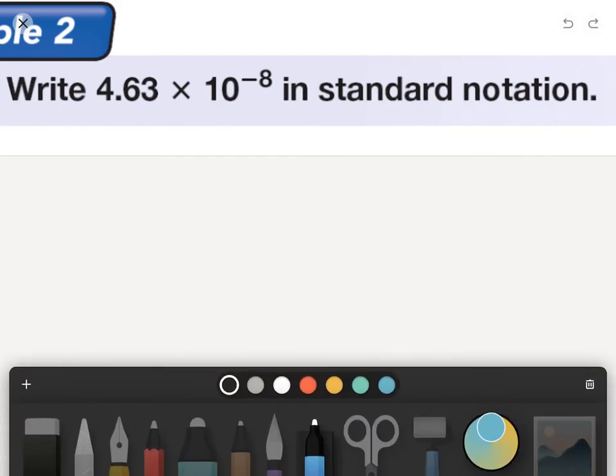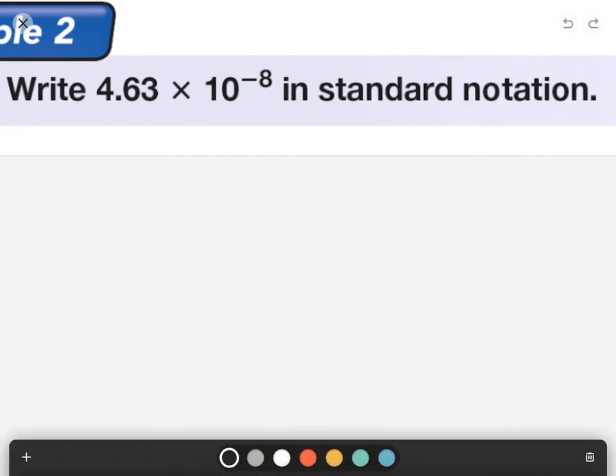That would be devastating. Okay, so the rule for the scientific notation is the same as the rule for scientific notation without the negative exponent, except you're moving your decimal to the left, not to the right.